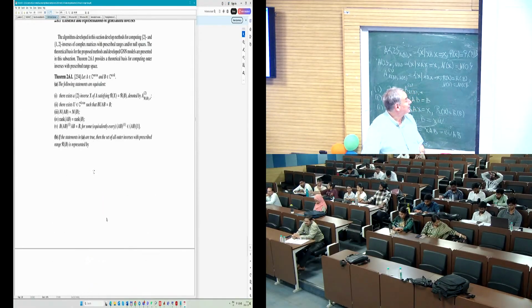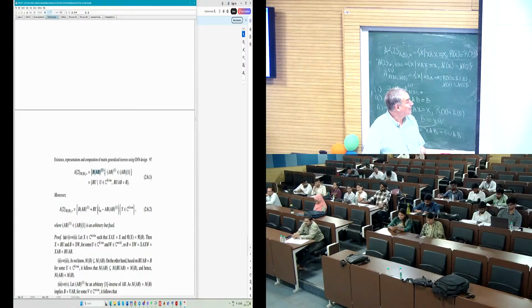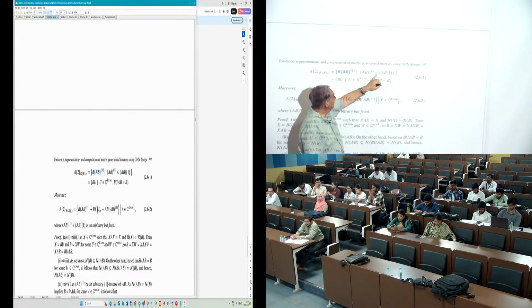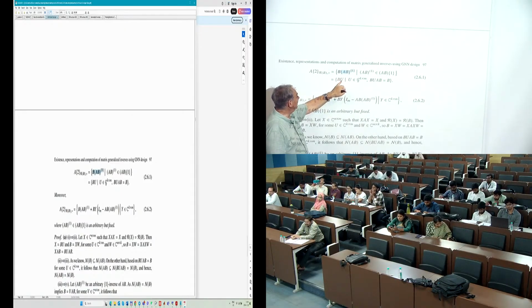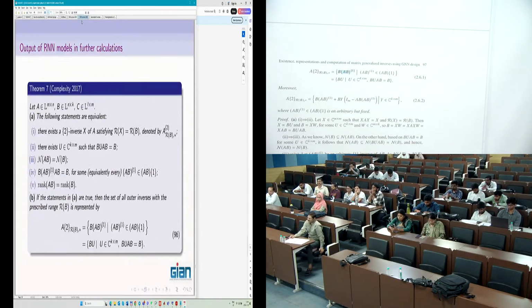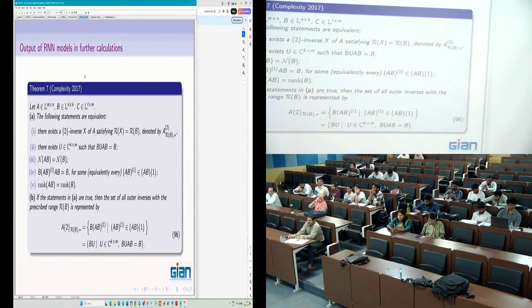The second part says that it is defined as the set of, how to say, inner inverses. It can be represented in the form BU and is applicable in computations.